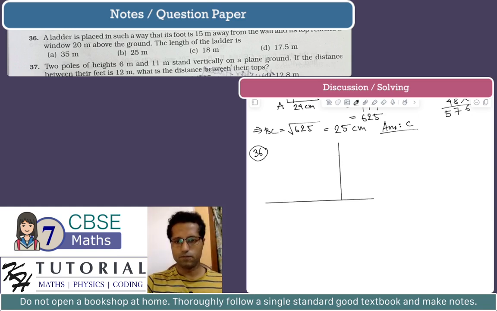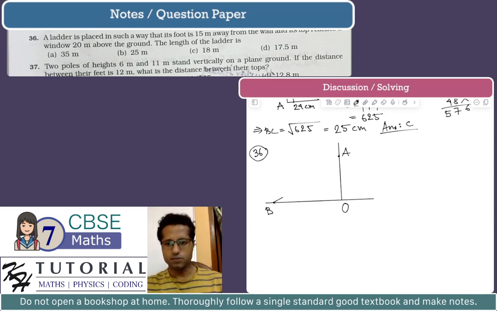Let's say A be the window. Let's say the foot of the wall be O. You can name it any letters, it does not matter. So A is the window. Now the ladder is placed in such a way that its foot is 15 meter away from the wall. So let's say B be the foot of the ladder, and its top reaches the window. So definitely AB is the ladder.